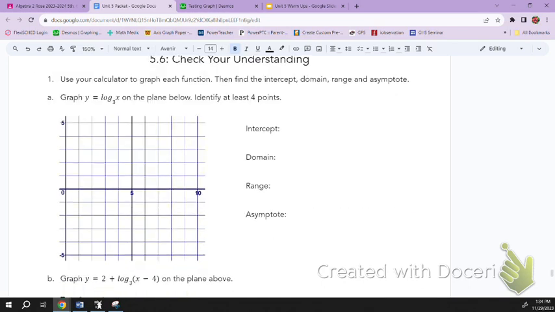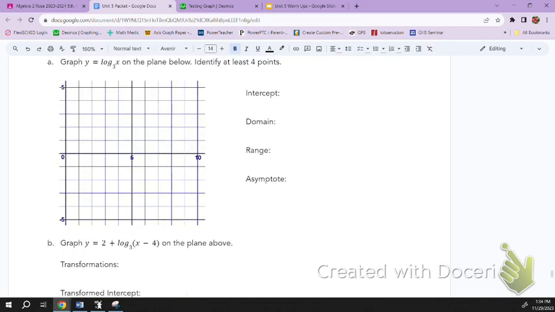So right now we're making a sketch on our check for understanding. It's starting at 1, 0. The next whole point is at 3, 1. And from there, we're just going to sketch it, kind of like how we did square root functions. Sketch in the asymptote.